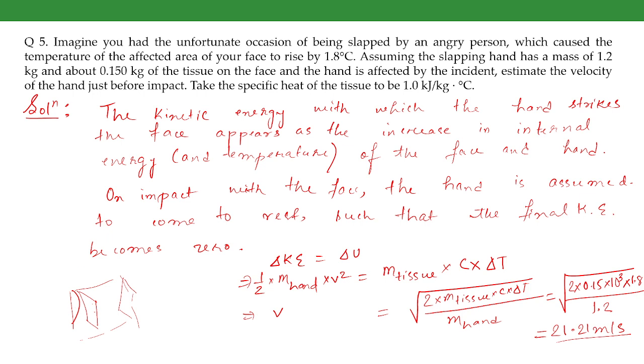Okay. So in this case, the work transfer by the palm, how can we consider it? Because it is the same system, there is no work transfer at the boundary. Yeah, see, that is why we are considering the palm and the face as a system.